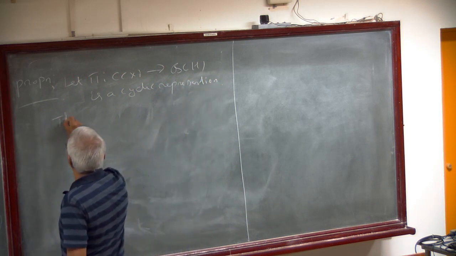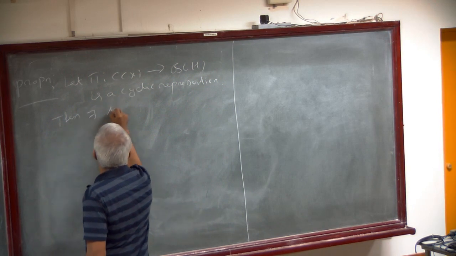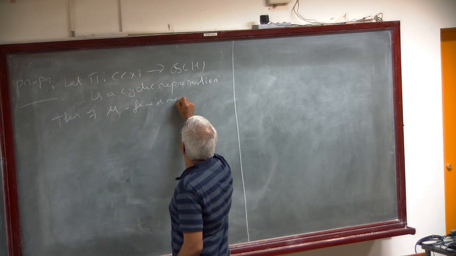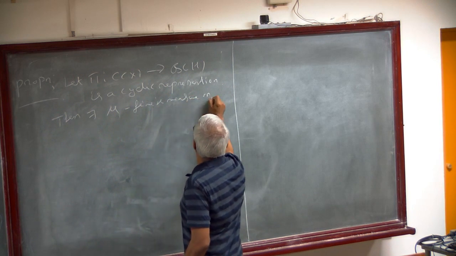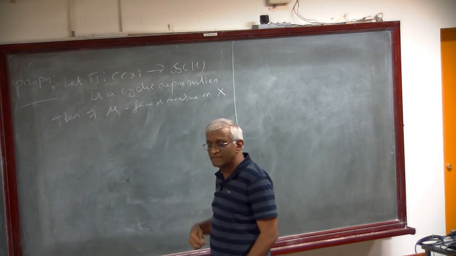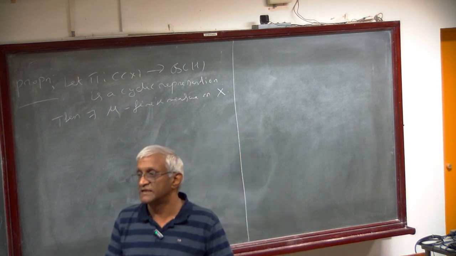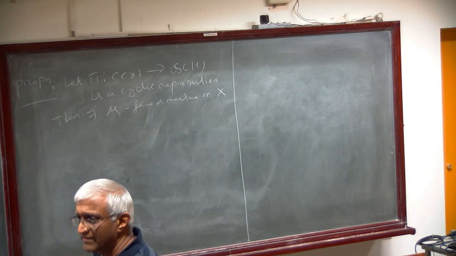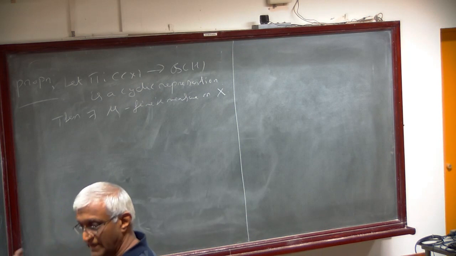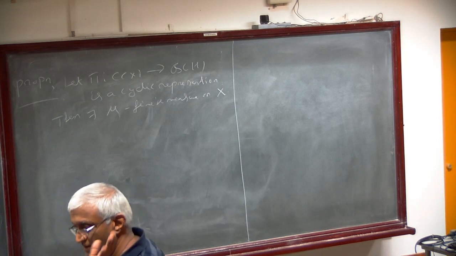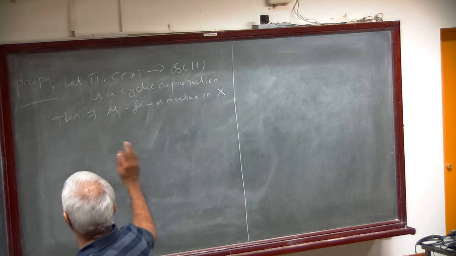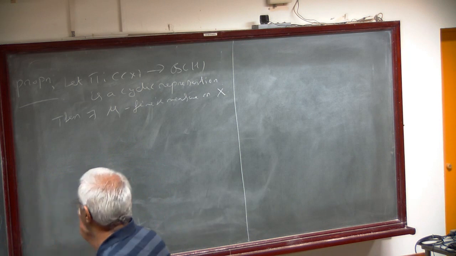Then there exists a finite measure μ on X. Whenever we say a measure on X, it is defined on the Borel sigma algebra. Whenever we talk about a metric space, we have the open sets, we take the sigma algebra generated by the open sets, which is called the Borel sigma algebra, and our measures are defined on that. That's what we use.